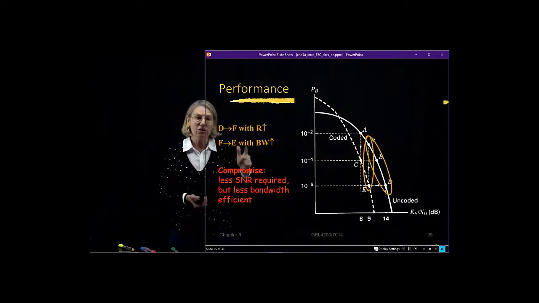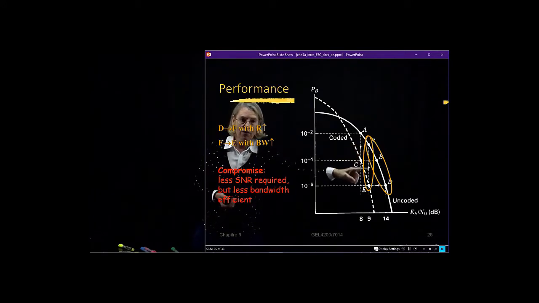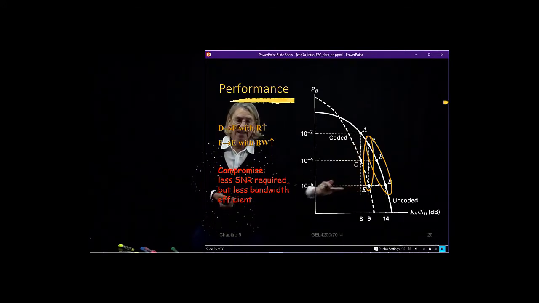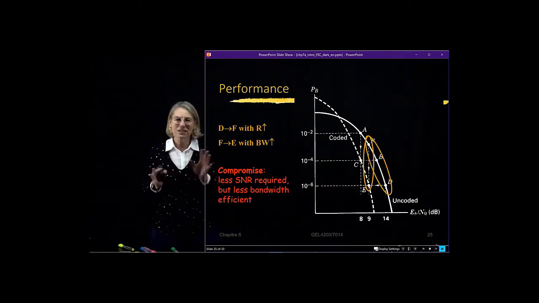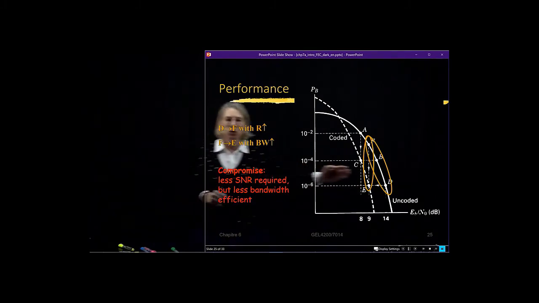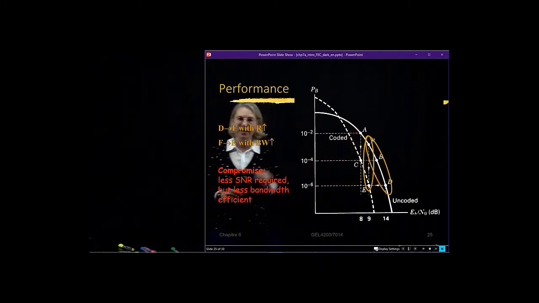But now I add an error correcting code, and then I can go all the way down to E and get the same performance. So that gives you an idea of where you're trading and how you're getting your gain.